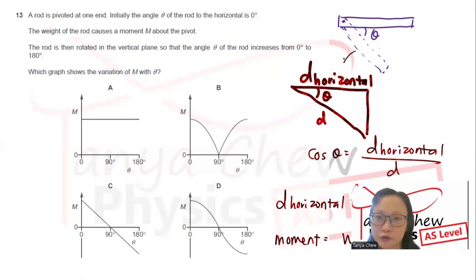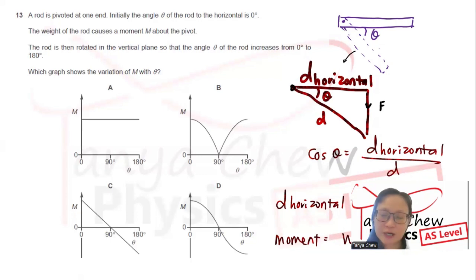If I want to redraw that, this is the horizontal distance, this is theta, and this is the length of the rod. This is the pivot. To find the moment, remember the force, and this is a force because you keep on pushing the rod downward. This is the direction of the force.